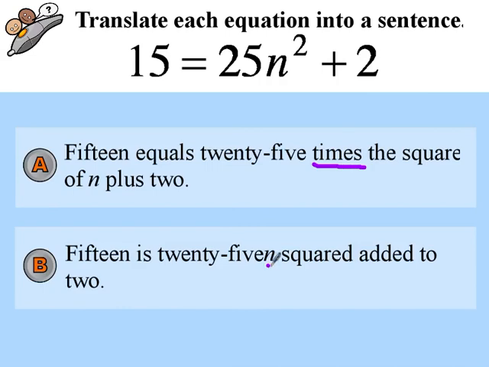This says 25n squared. So big difference between those two. You're looking for the times there. Any questions?